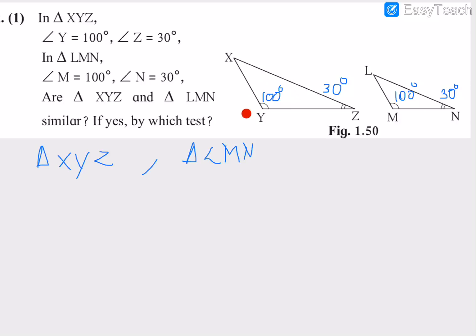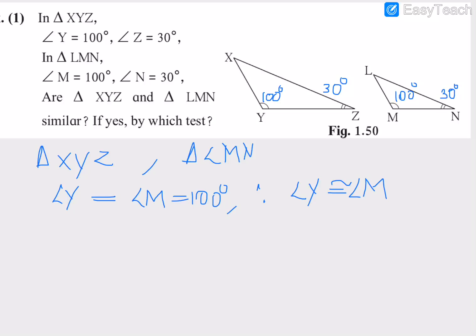So the corresponding angles are equal, means they are congruent, angle Y and angle M. So we can write that angle Y is congruent to angle M, since both are equal to 100 degrees.